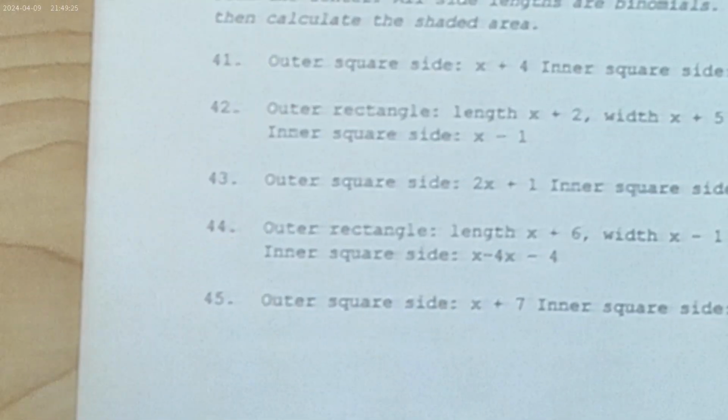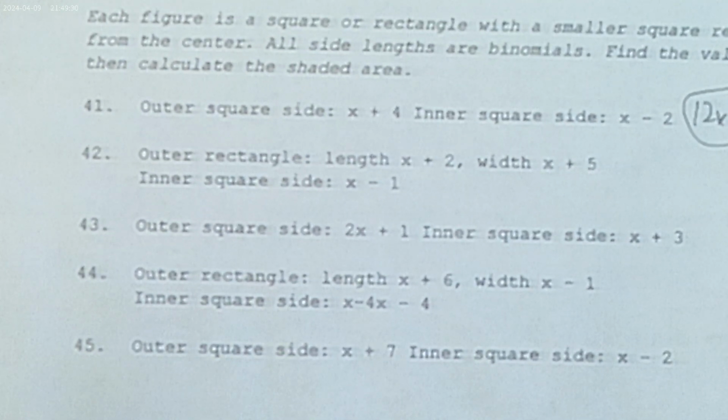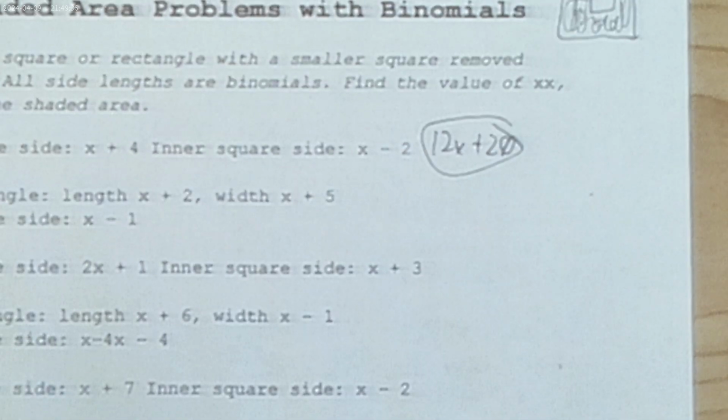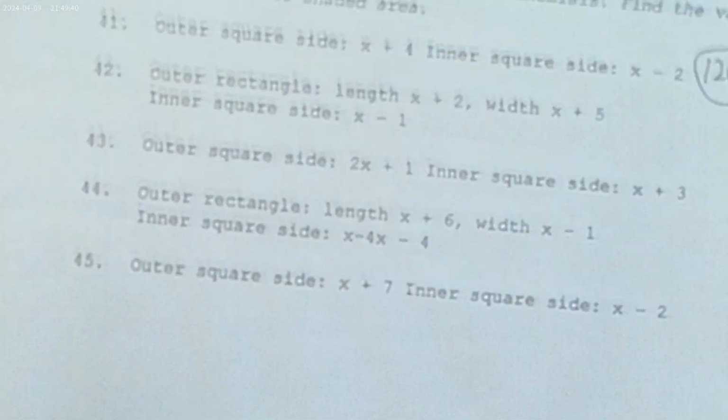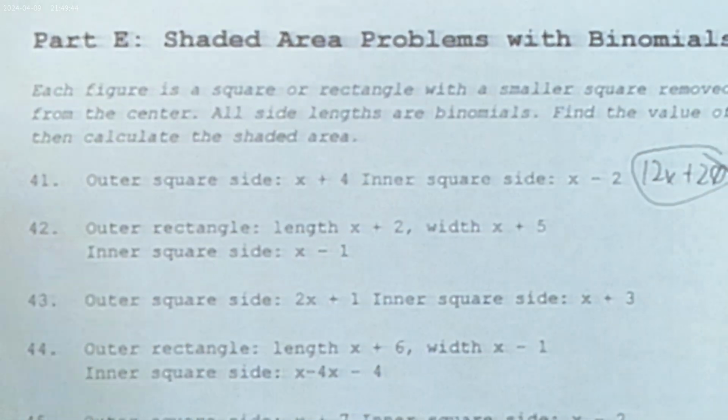What if we're working with something other than a square? We're literally only going to be working with a rectangle or a square. So let's work with an outer rectangle. For problem 42, I'm going to read it out loud and then draw it on my paper.